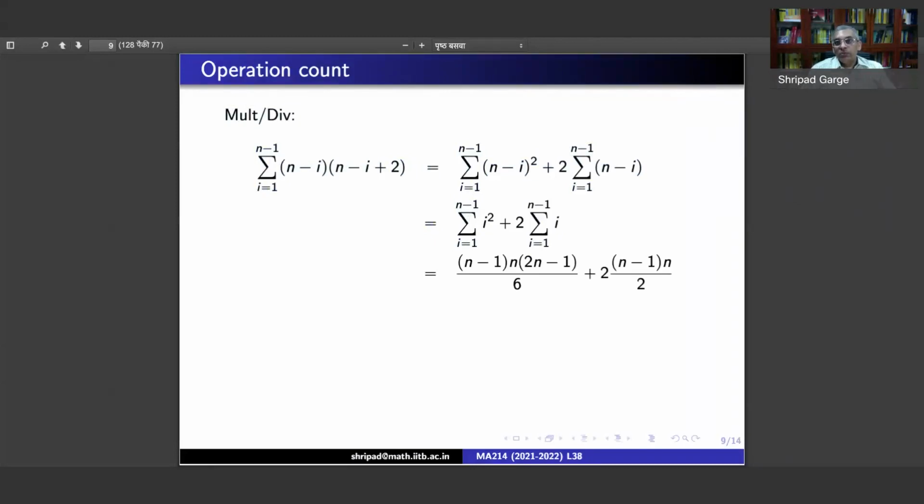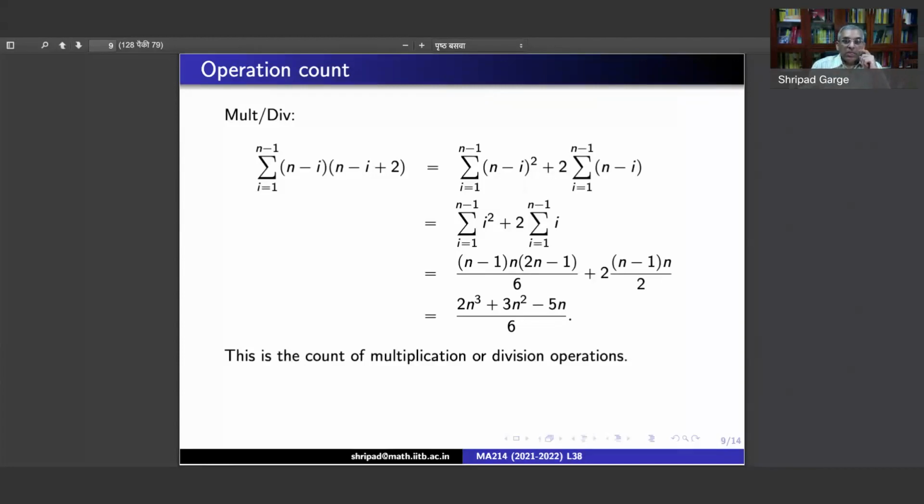You know how to compute these summation formulae, or if you don't know, you can prove them by induction. And this is the final answer: (2n cube plus 3n square minus 5n) upon 6. This is the total number of multiplication and division operations while making the matrix upper triangular.